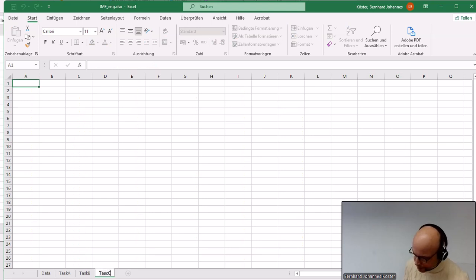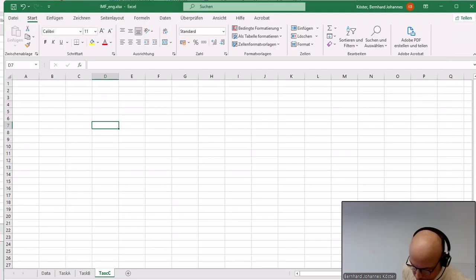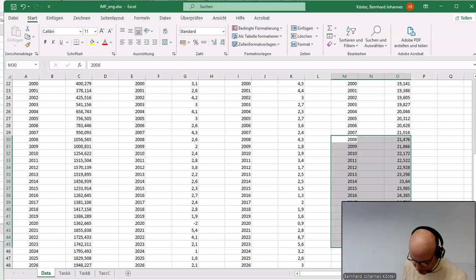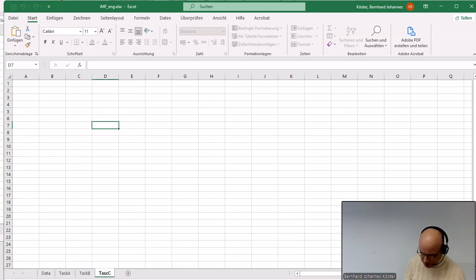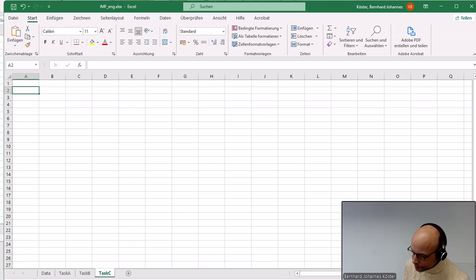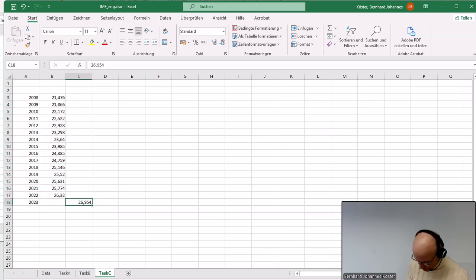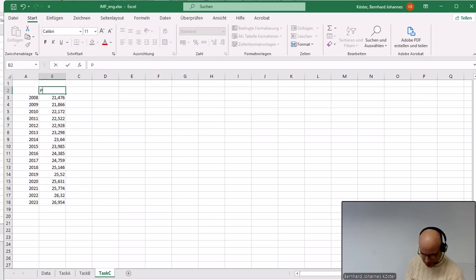Task C. 2008 to 2023. Where is it? There we are. So this is the population in millions.